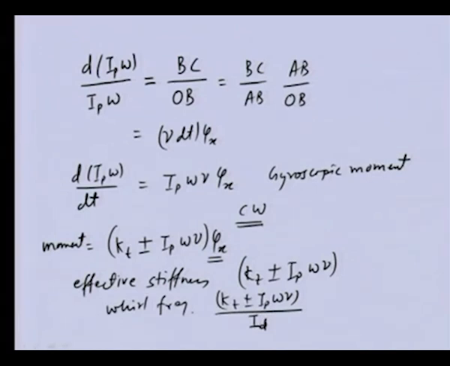So, the stiffness divided by the diametral mass moment of inertia, and that is actually the whirl frequency square.